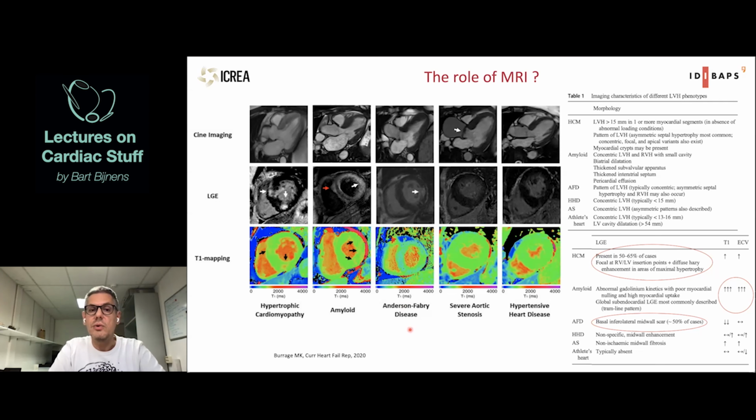Nowadays, what you can do is T1 mapping, which seems to correlate with the amount of local fibrosis. What they say is that you can measure extracellular space, which is again related to matrix alterations. This is not always a very easy measurement, but we can see these changes there also.